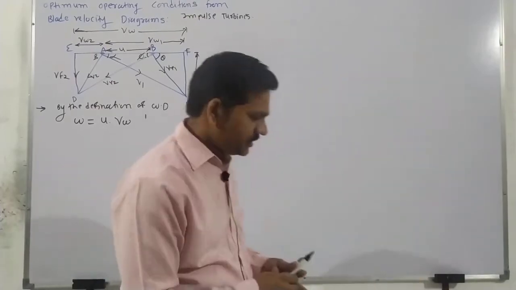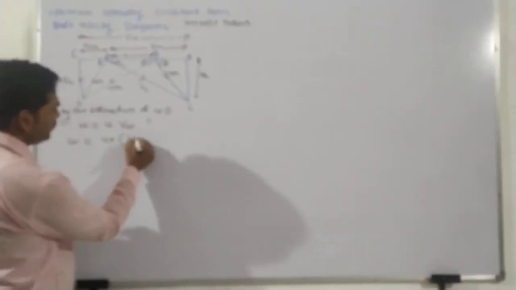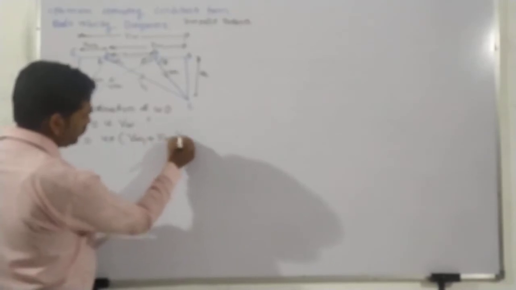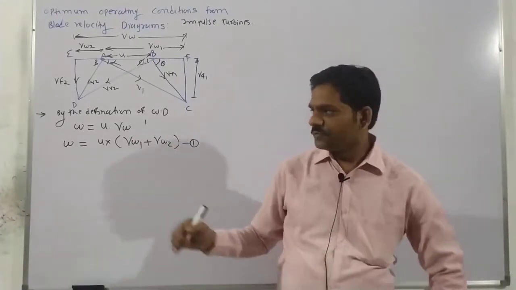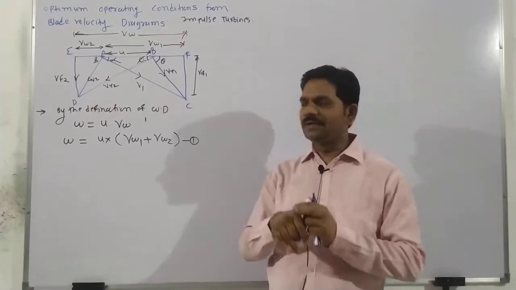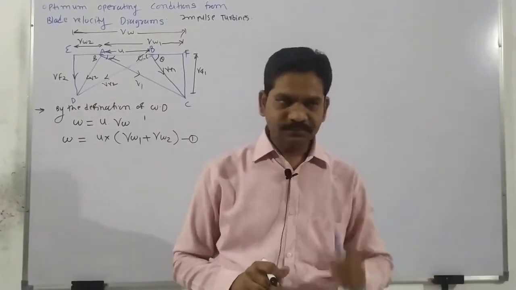So work done is equal to U into VW, which we can write as U into (VW1 plus VW2). Suppose this is equation number 1. Minus minus becomes plus, and we get this equation, a formula we already know.